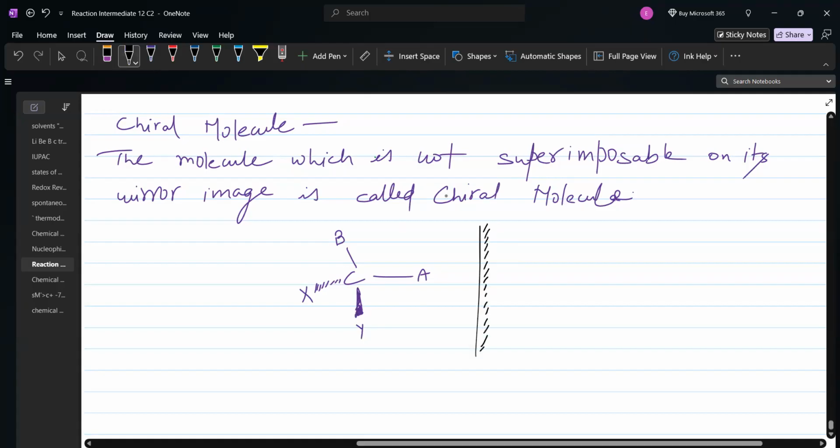We can see four different groups present here.